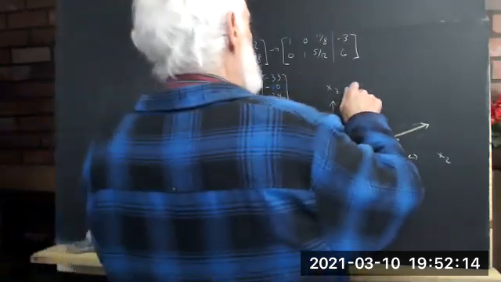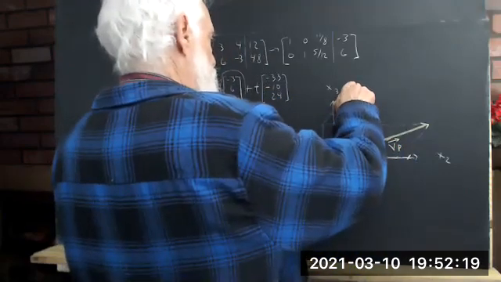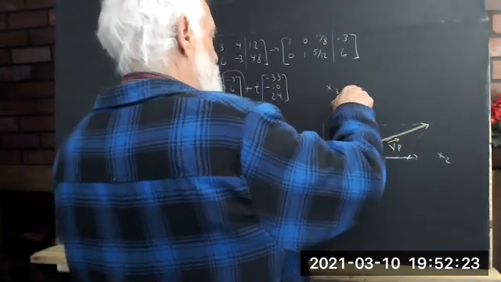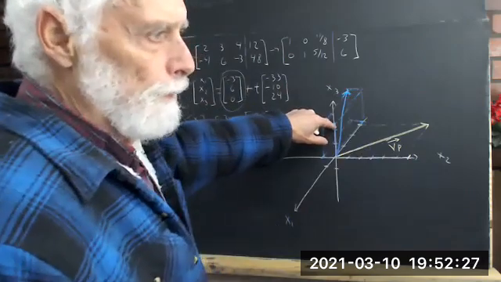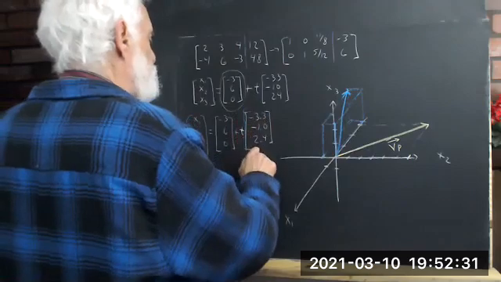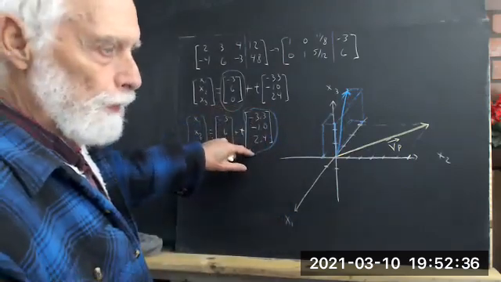So here's the point, and here's our vector. This is the vector -3.3, -1.0, 2.4.